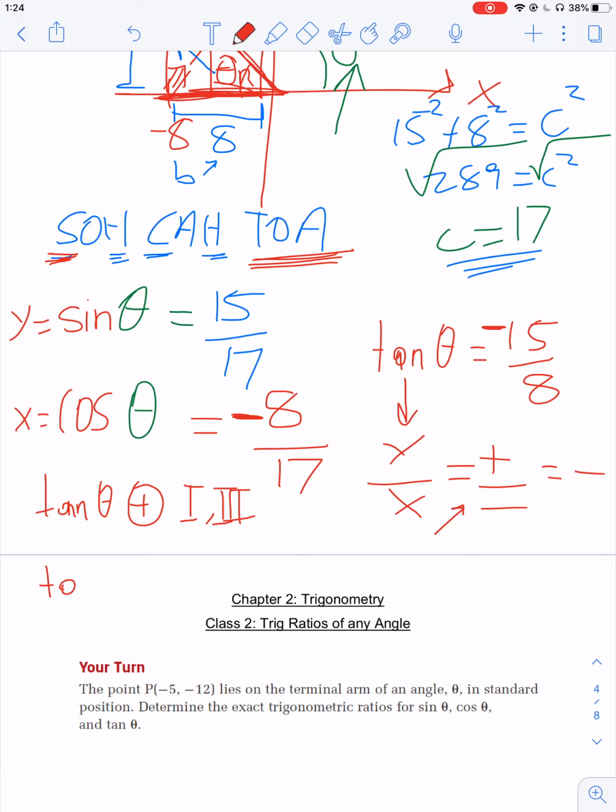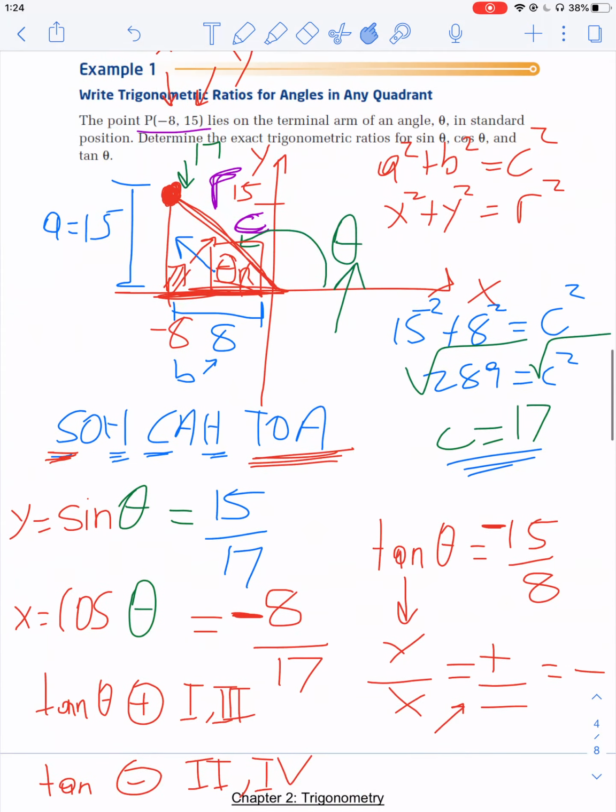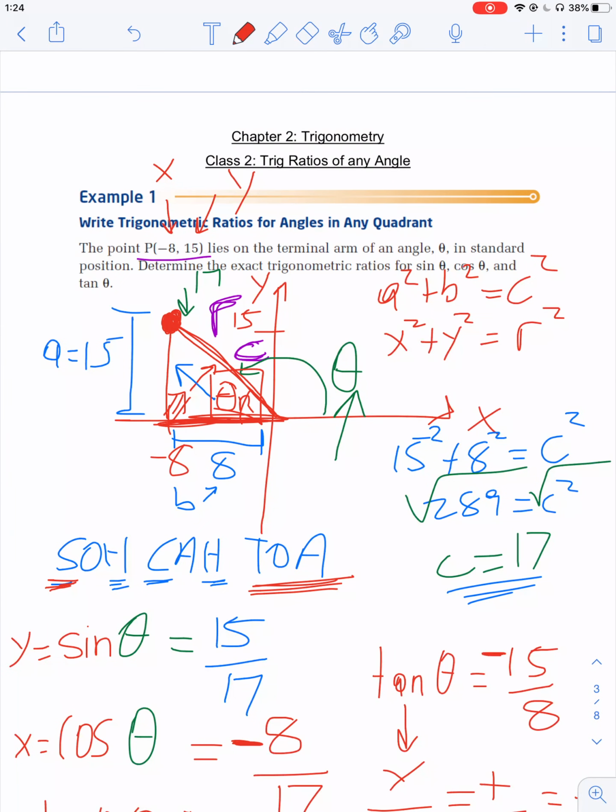And tan theta is negative in quadrants 2 and 4. So what do I mean by that? If your point is in the first or the third quadrant, tan theta will have a positive value. But if your point is in the second quadrant, like what we have over here, or the fourth quadrant, then tan theta will have a negative value, okay?